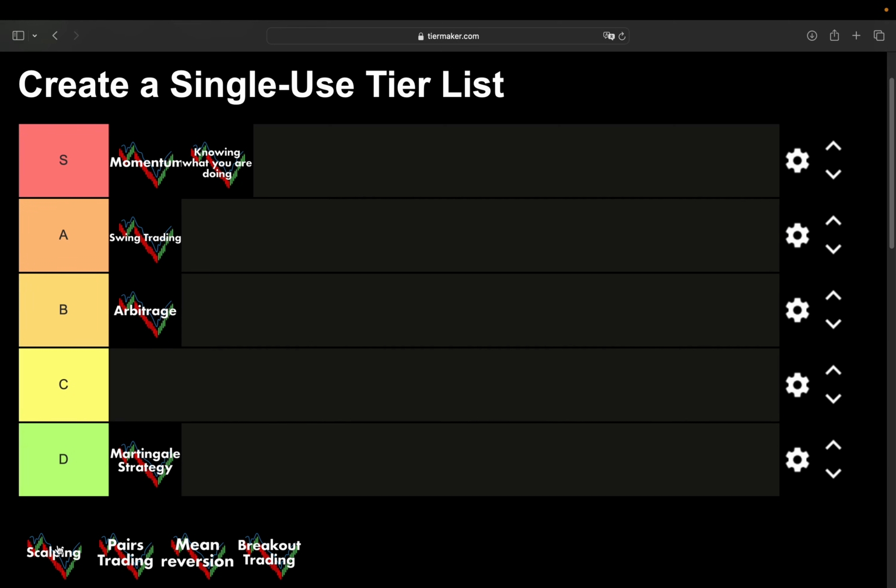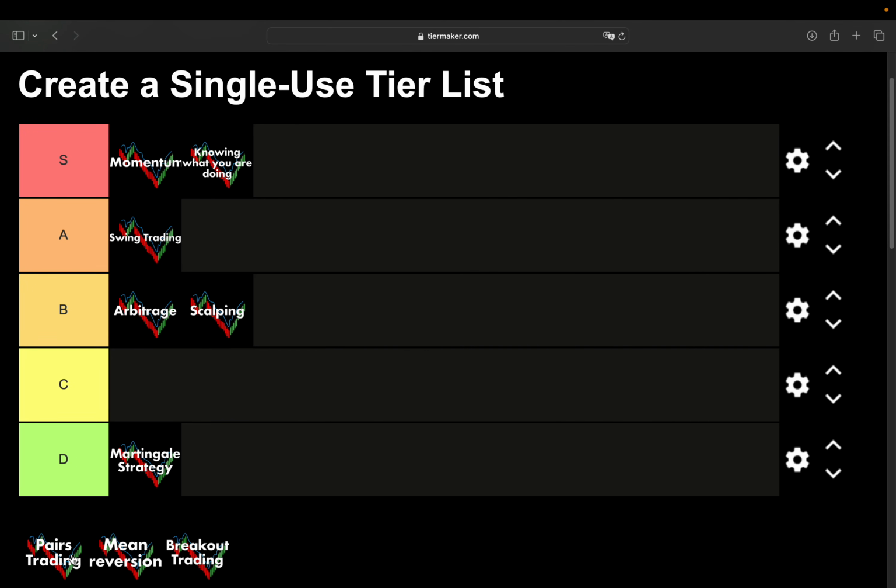I personally do not have the best experiences with it, and another downside is it requires computational resources and also continuous market monitoring to be truly effective. Given these factors, scalping for me is somewhere between B and C tier. I give it a B tier, but I see it in the middle here, a bit below arbitrage.